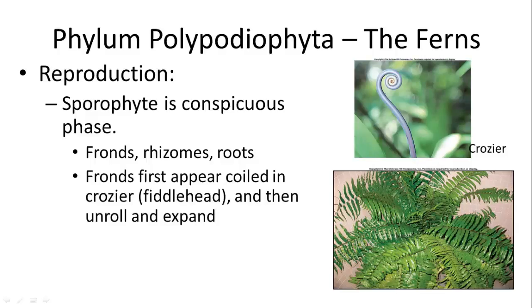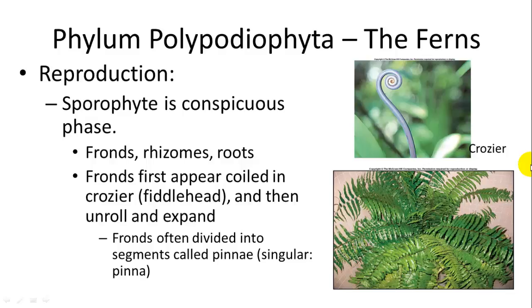The fronds first appear coiled, so this is as it's growing out of its progenitor tissue, and make what are called a fiddlehead, and then they unroll and expand, exposing their leaves. The fronds are then subdivided into multiple segments called pinnae, or a singular would be a pinna.